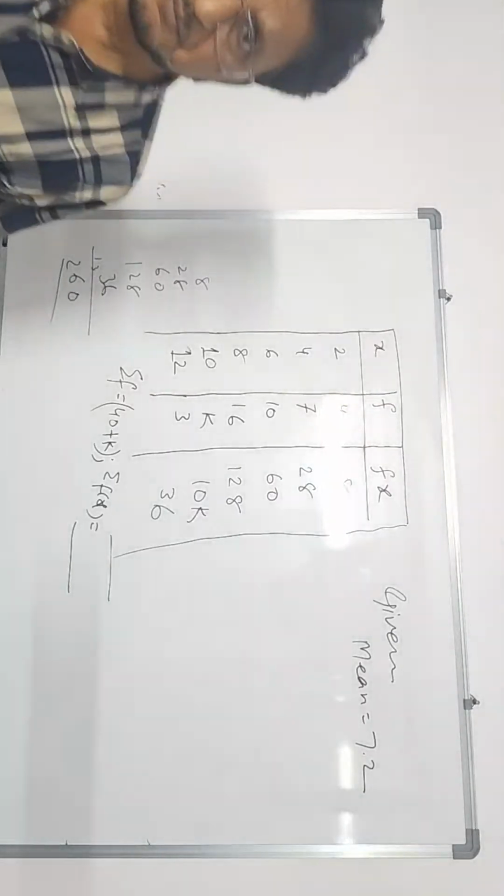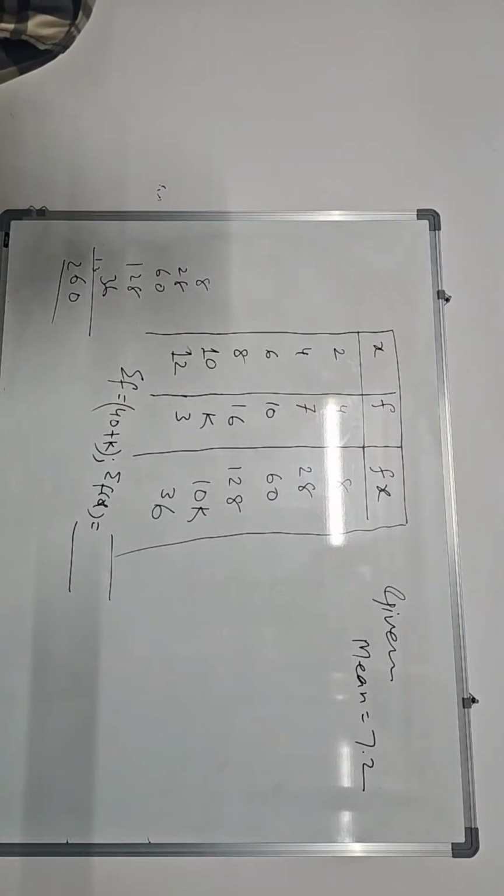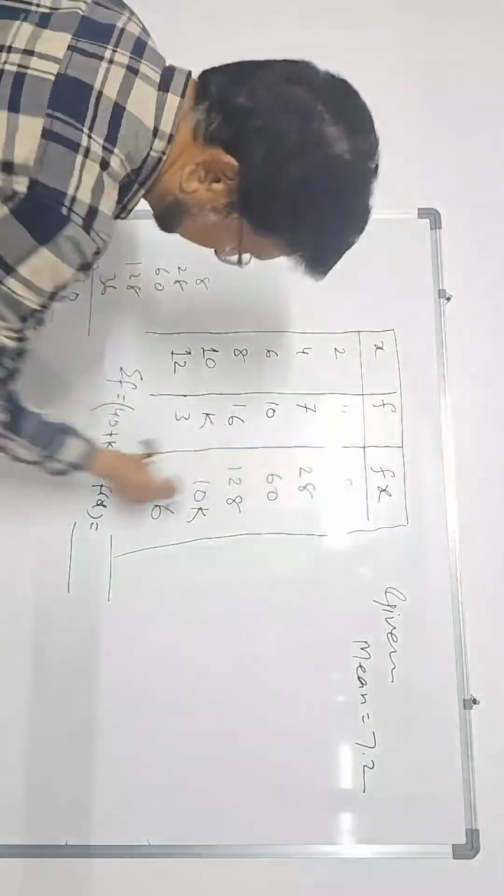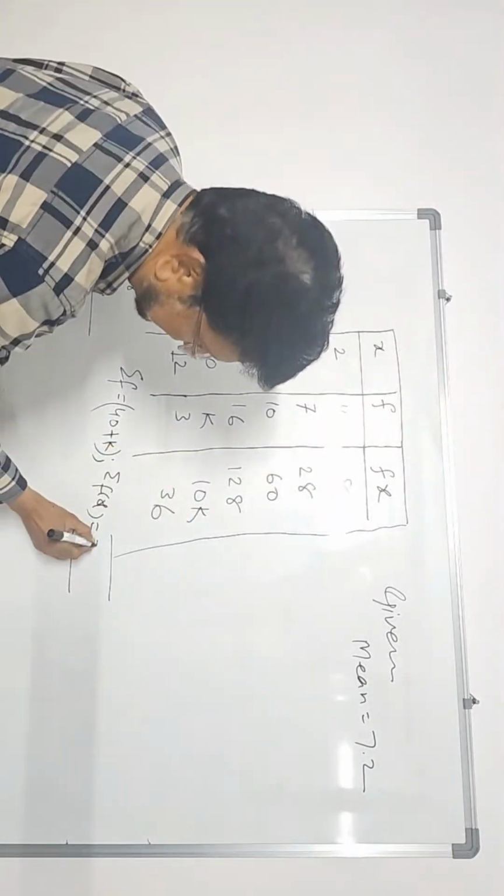Is it right? Are you getting the same? Yes, 260. Finally we shall add 10k.